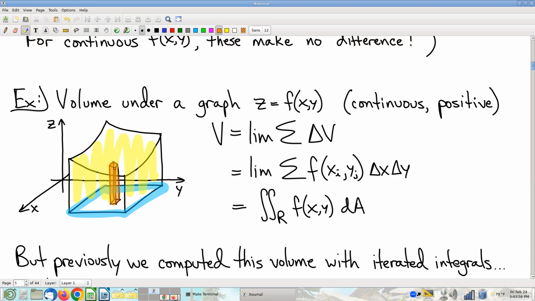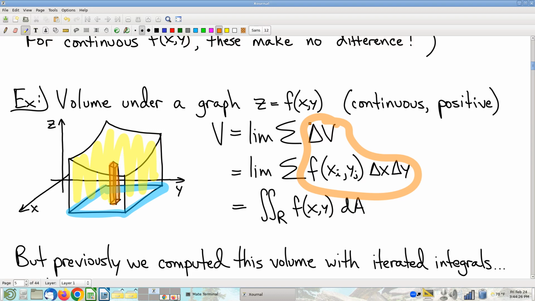In other words, I've taken my blue rectangular domain down here, chopped it up into a bunch of little sub-rectangles. Sitting over each sub-rectangle, there's a little French fry thing here. And the volume of a French fry is really easy to write down. It just has a rectangular base, and then it's got a height. And so height times the area of the base. And so there you go. Easy to write that part down.